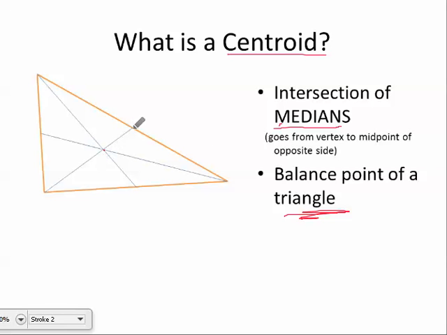It is a point that is halfway along one side connected to the vertex opposite it. That's called a median. Okay? That's what we talk about with a median. Now, where those medians intersect is called the centroid. That is the balancing point.